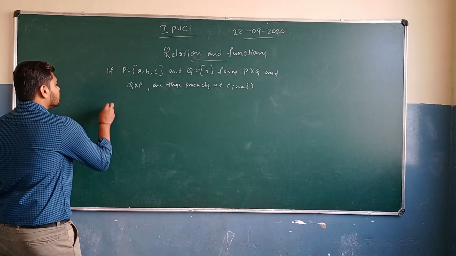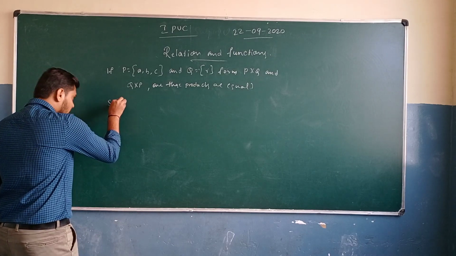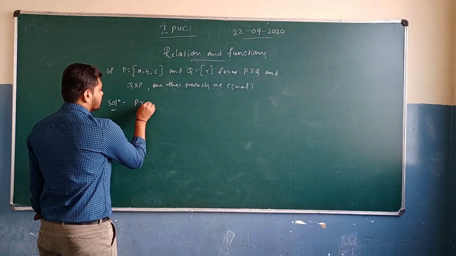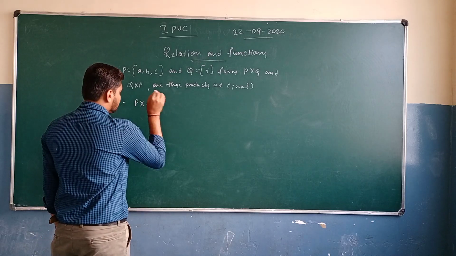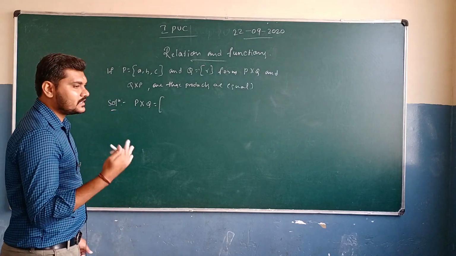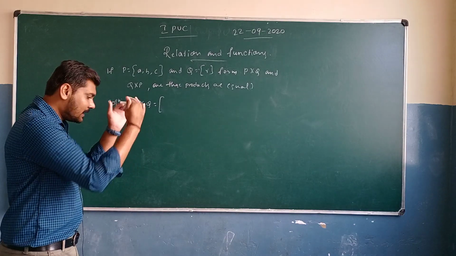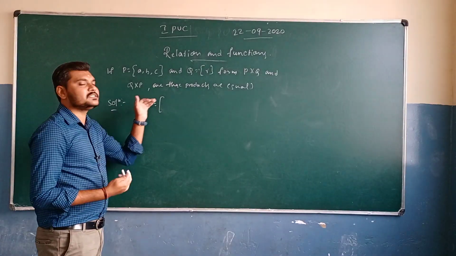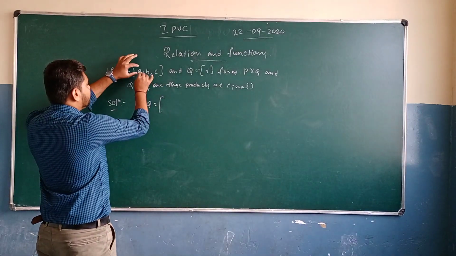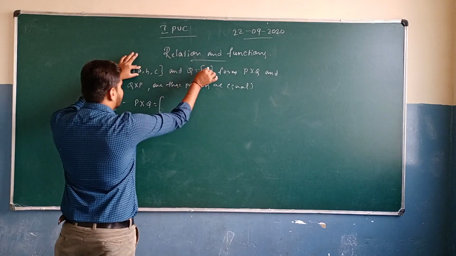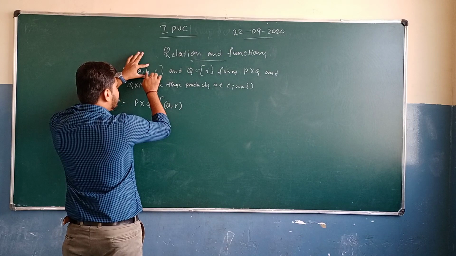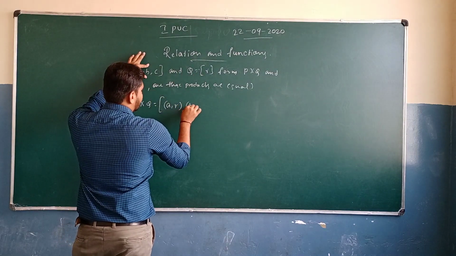Okay, so here the solution. We need to form P cross Q. The elements present in P cross Q are in the form of ordered pairs. The first element: A forms an ordered pair with R, so (A, R). The second element is (B, R).